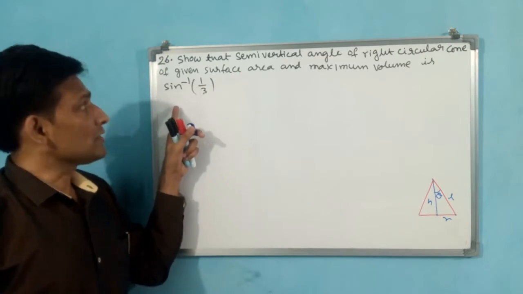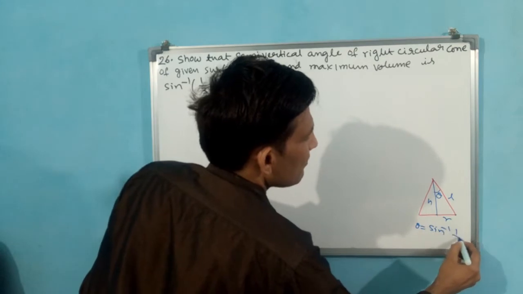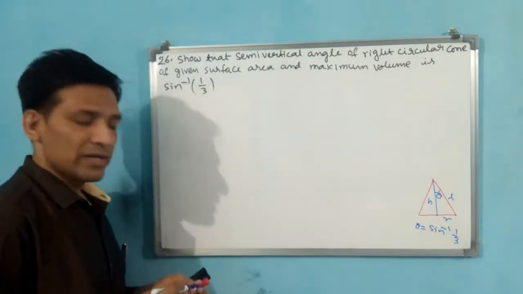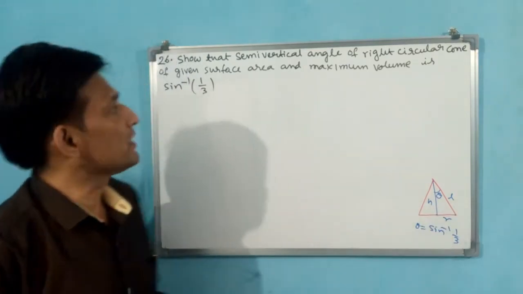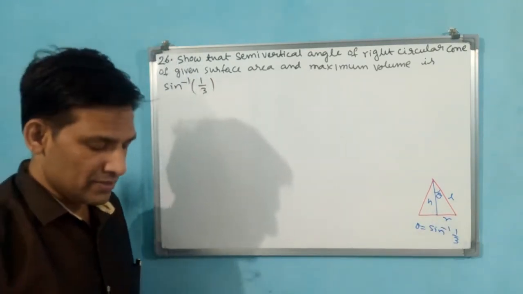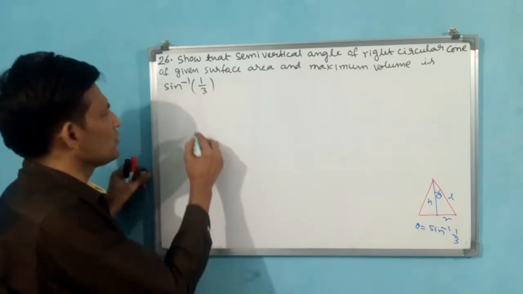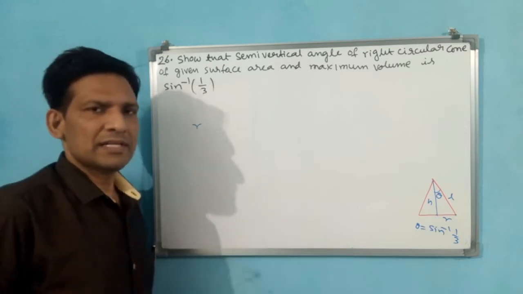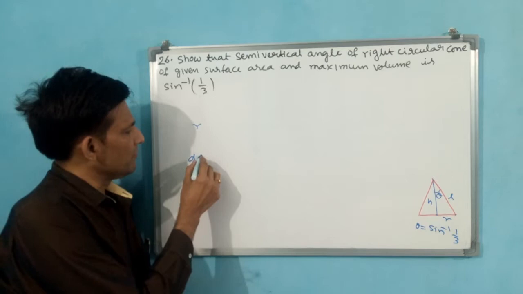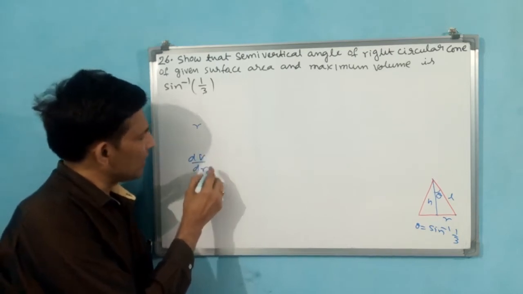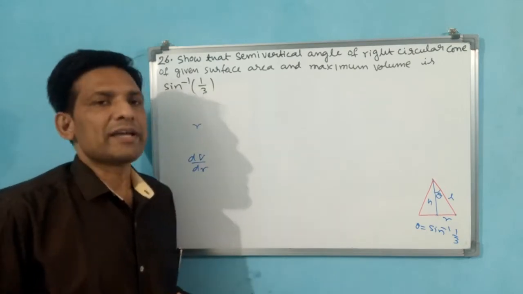Now it has to come sin inverse 1/3. Theta is equal to sin inverse 1/3 has to come, the semi-vertical angle. But here there is a difference. Here we are not taking slant height. The given surface area is telling. Normally in all these mensuration questions, small r is the variable, so dV/dr only we are taking, with respect to r like with respect to x.